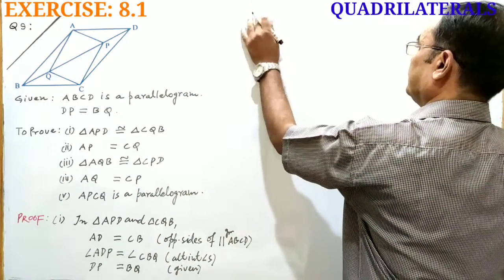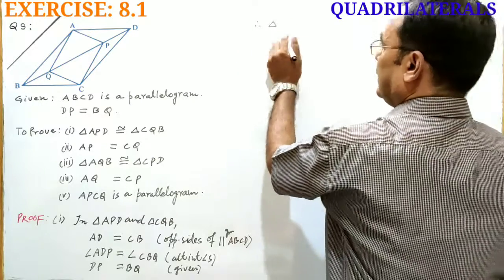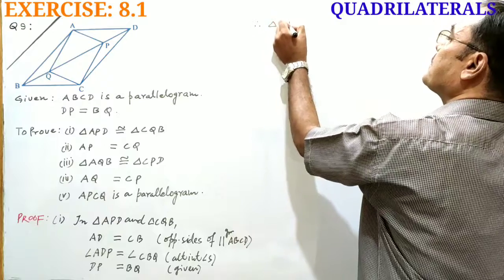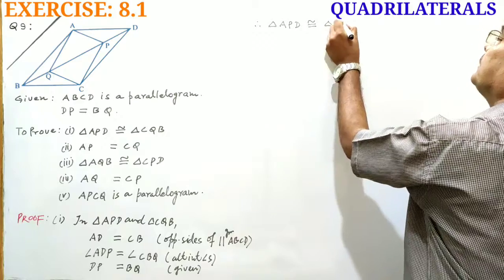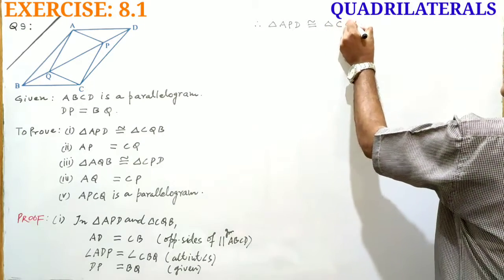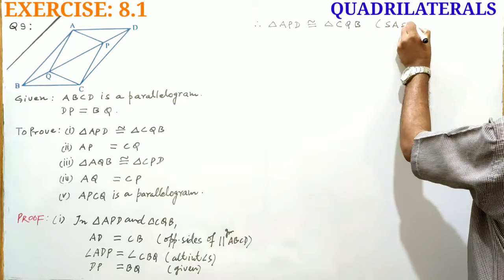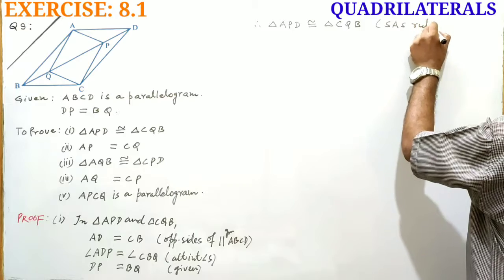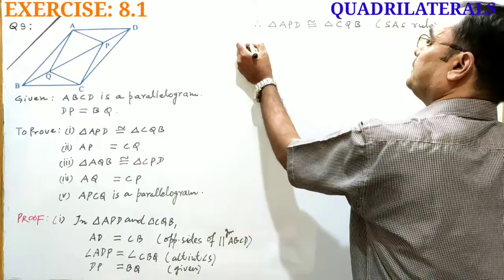Therefore triangle APD is congruent to triangle CQB by side angle side congruence rule, and this is proof of first part.